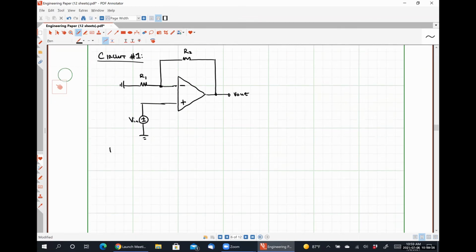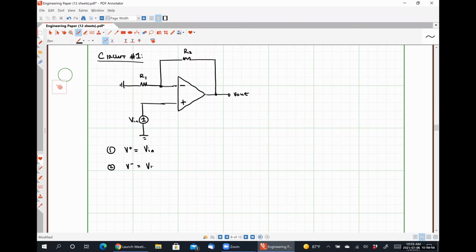So what is the voltage present at the non-inverting input terminal? It would just be Vn. Absolutely correct. What is the voltage present at the inverting input terminal? It should be Vn as well.